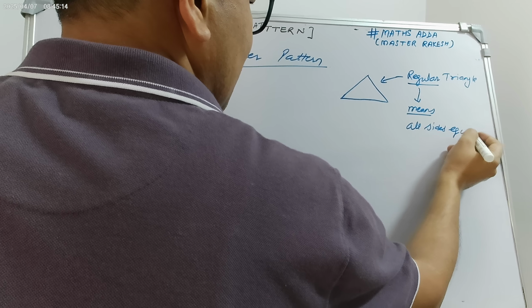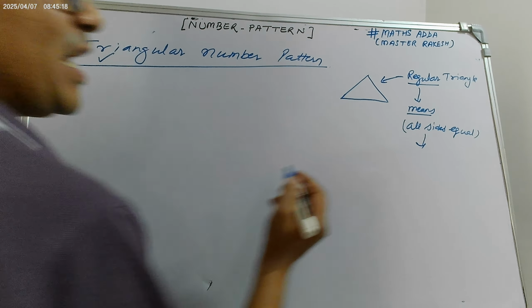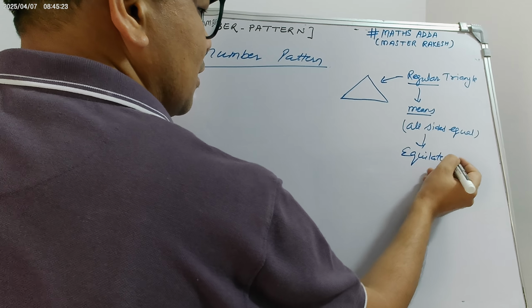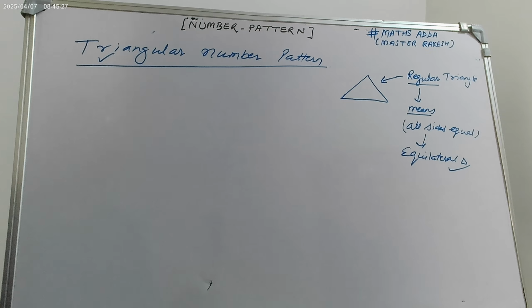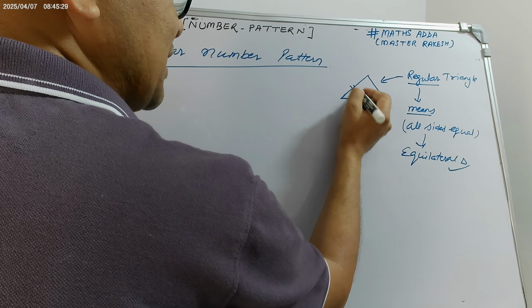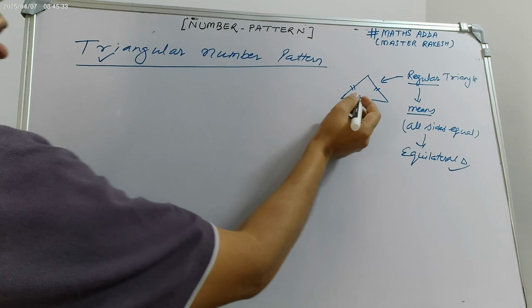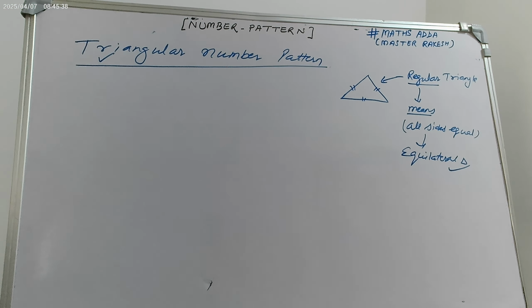The triangle which has all sides equal is known as an equilateral triangle. So this side is equal to this side, this side is equal to this side, this side is equal to this side, all three sides are equal, and that is known as an equilateral triangle.